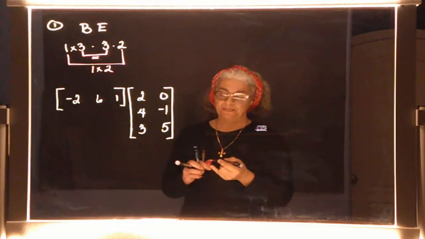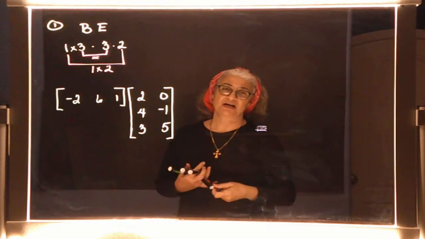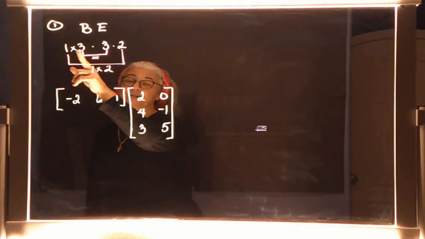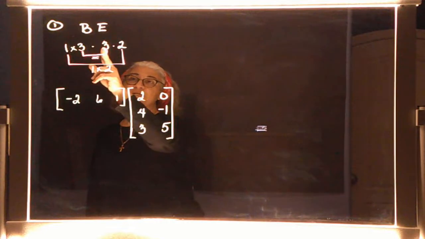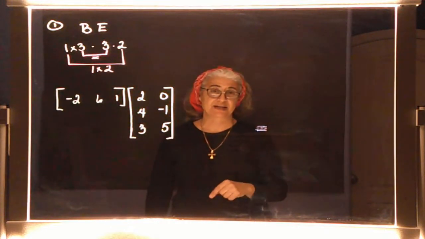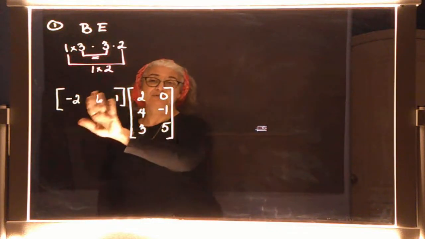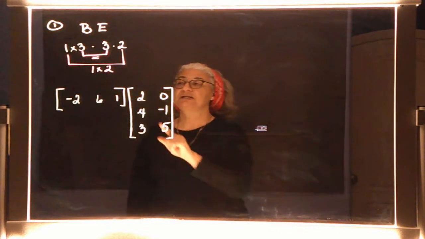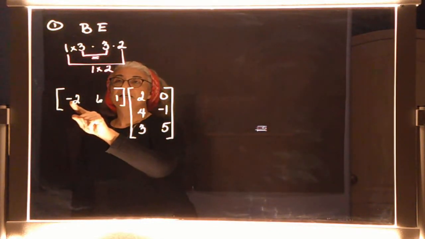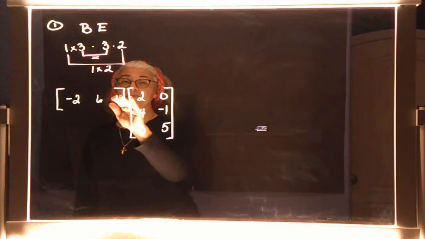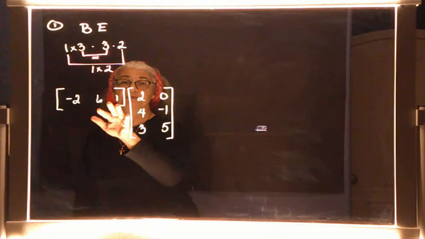Agreed? Okay. Now here's why we need to make sure that these number of columns and these number of rows are exactly the same. Here's matrix B, matrix E, okay? This matrix is 1 row, 3 columns.